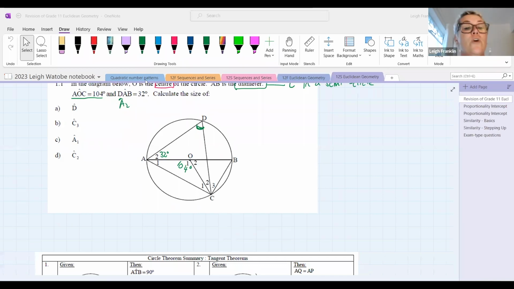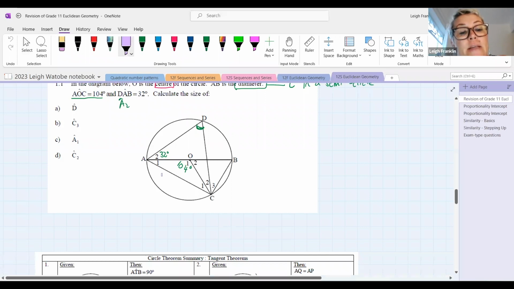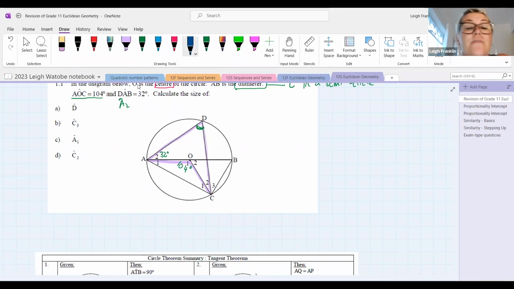A lot of you have got that straight away. Again, here is the angle at the center. O1 is the angle at the center. And the angle at the center is twice as large as the angle at the circumference. So there is your arrowhead. Quite right. In the first instance, D is equal to 52.